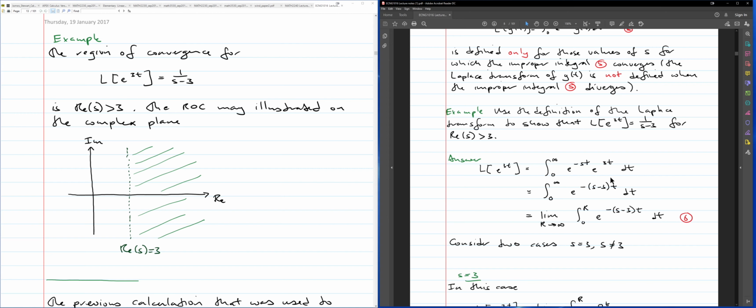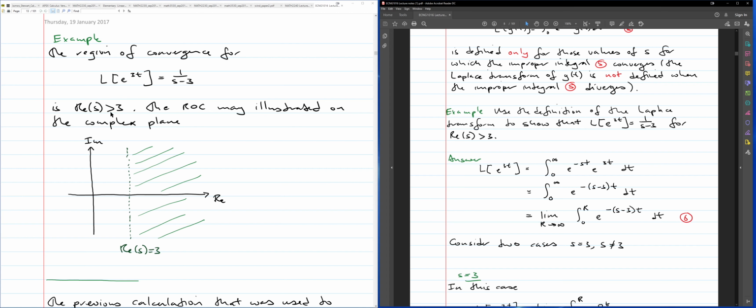We just saw that. So your region of convergence for the Laplace transform of e to the 3t is real part of s bigger than 3, and this is what I have stated here. Remember s is complex.